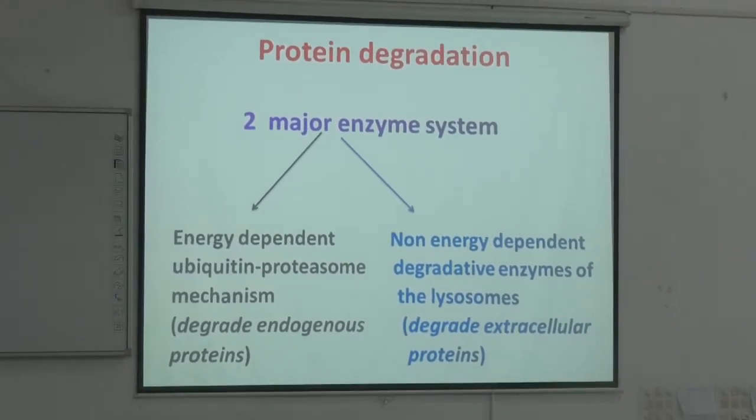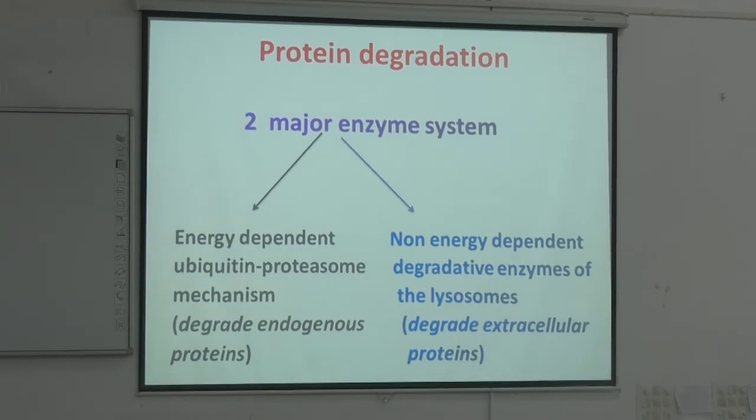Now a little bit about protein degradation. Suppose the protein is not folded, or is a misfolded protein. What disease occurs? I told you that if an unfolded or misfolded protein occurs, it may cause prion diseases, because that protein will not have proper function.